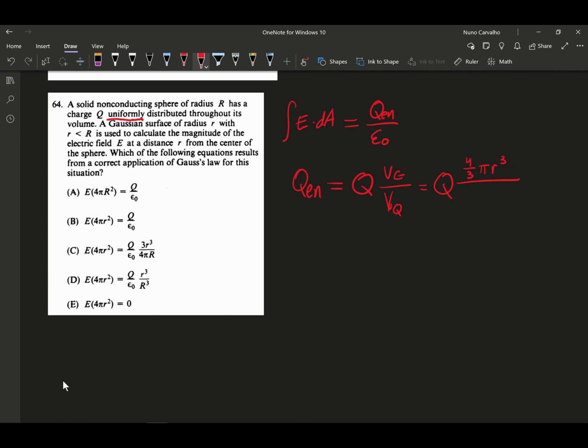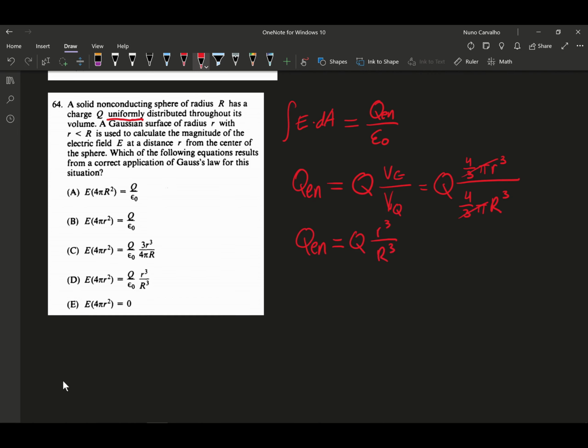And then we're doing this over 4 over 3 times pi times big R cubed, because that's the charge itself. Which is to say that these will be canceling out, and so the enclosed charge is just Q times little r cubed, and then big R cubed in the denominator.